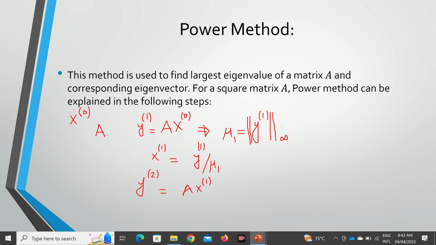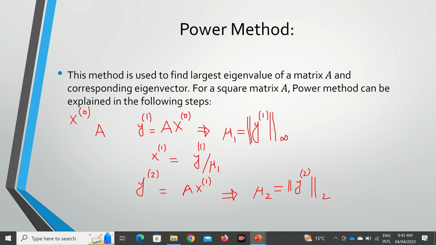You'll be getting y2. In the next step, you would again find mu2, which will be the infinity norm of y2. Right? So this is another approximation towards the larger eigenvalue.